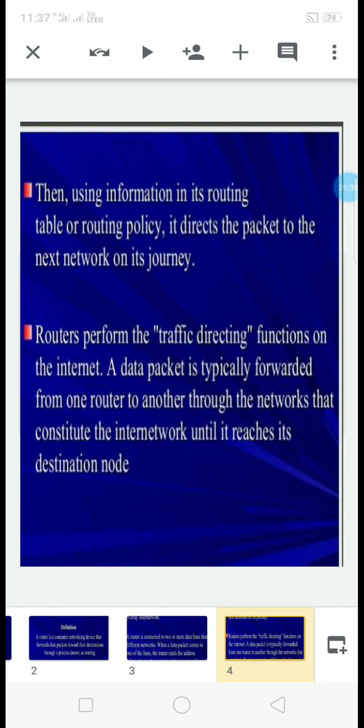A data packet is typically forwarded from one router to another through the networks that constitute the internet until it gets to its destination node. It contains a routing table with all information about the addresses of connected networks.